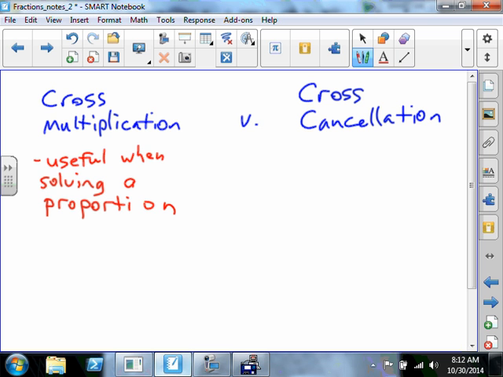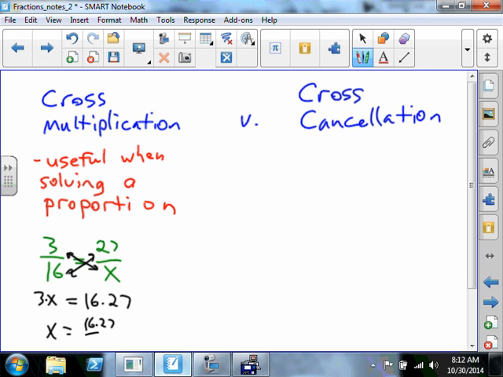For instance, if you had a proportion like 3/16 is 27 over x. There's actually more ways than one to solve this, but anyway, the way that you're probably shown to solve this is cross multiply. So you get 3 times x equals 16 times 27. And so x is 16 times 27 all over 3, whatever that is.